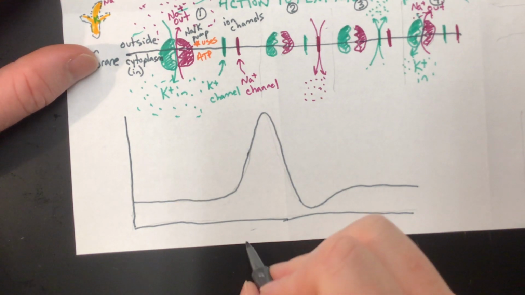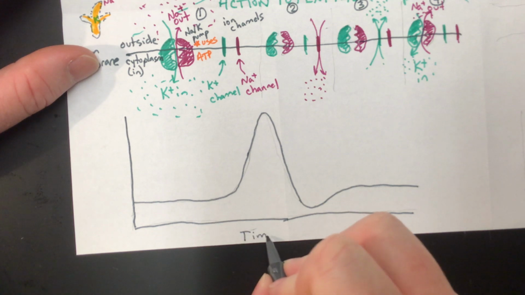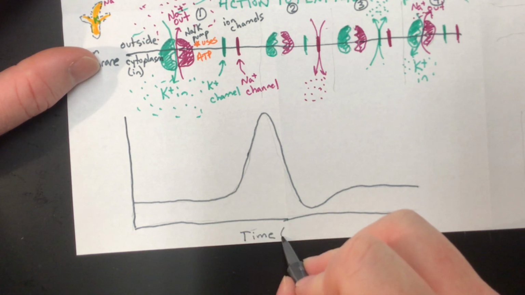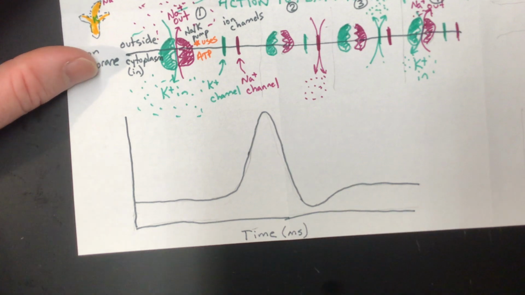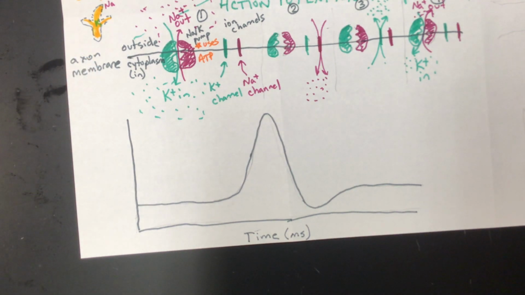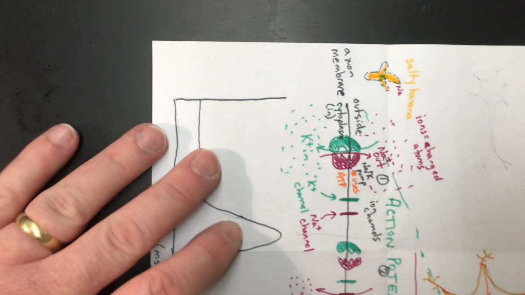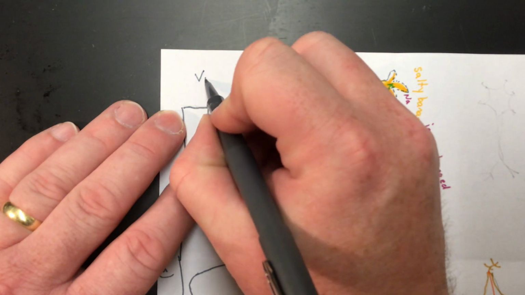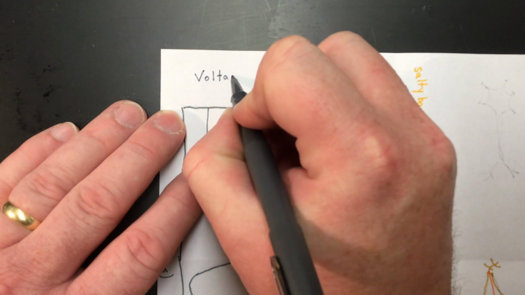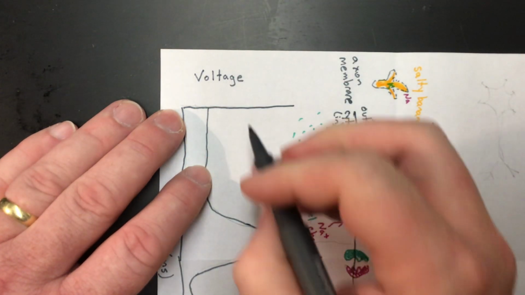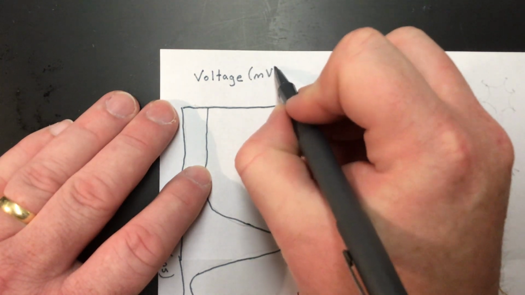And so what we have on our x-axis is time, and the amount of time we're talking about is in milliseconds. So neuron signaling happens really fast. And then along the y-axis, what we're dealing with is voltage. And our units for that are millivolts.